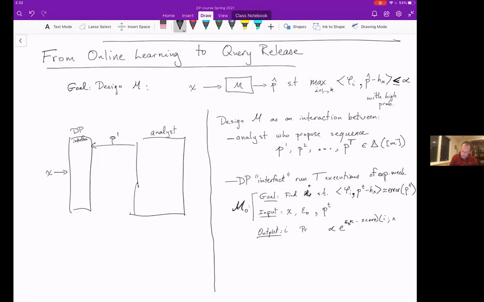So the probability that M naught outputs I should be proportional to this score.